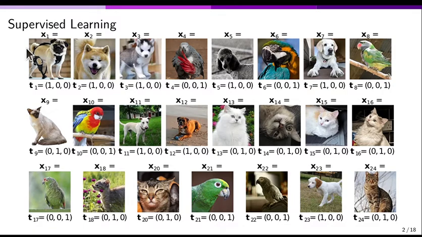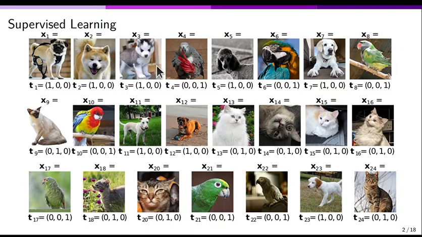Those are my inputs. And for each of those inputs, you have a category that it's in, or some label or desired output. So for instance, this picture might be put in the category dog. This picture might be the category cat. This picture might be the category, I don't know, bird or parrot or whatever.